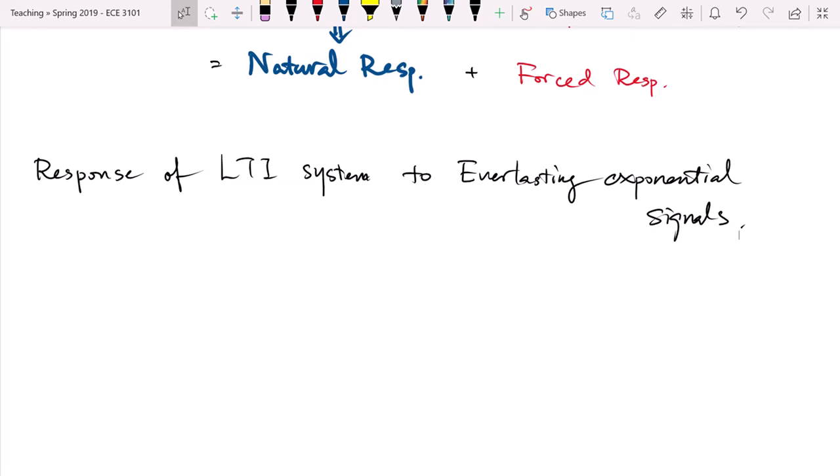And this is also very important. Now ideally you can still use what we have discussed before, zero state, zero input, but since it's everlasting, it will become slightly different. And the way to approach this is as follows.